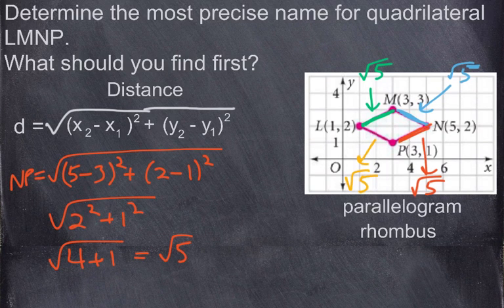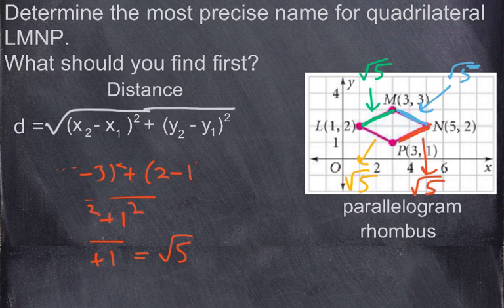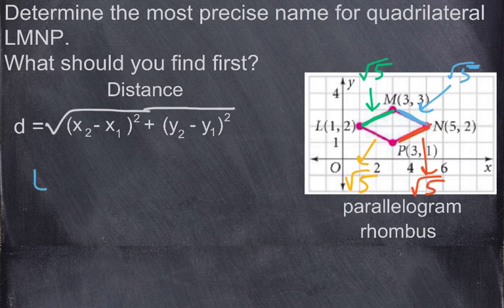Alright, I do want to make one little statement about this, about the angles. When we were dealing with slope, if you're working out the slope and the two connecting sides, their slopes are negative reciprocals of each other. Let's say hypothetically the slope of LM was 1/2, and the slope of MN was -2.